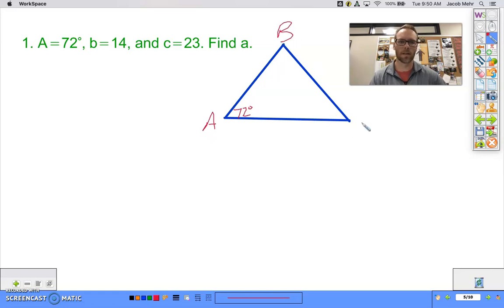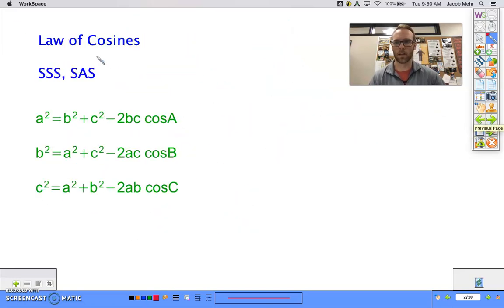We'll call this B and this C. b is 14, c is 23. There's a. Notice what we have here: side, angle, side. A side, the included angle, and a side. So side, angle, side tells us, law of cosines.